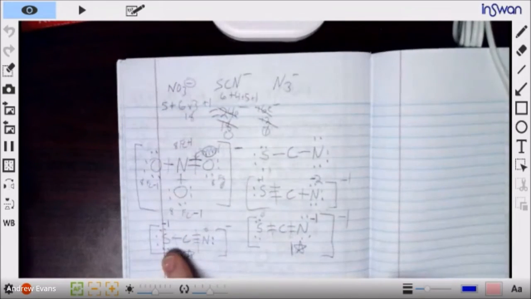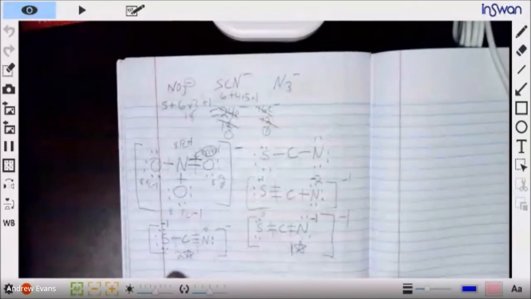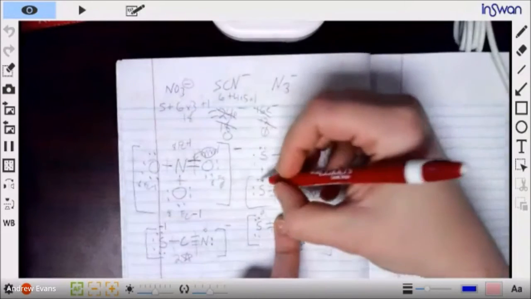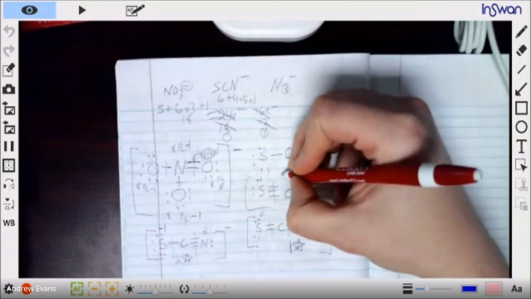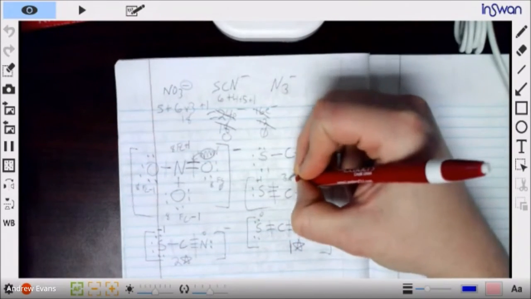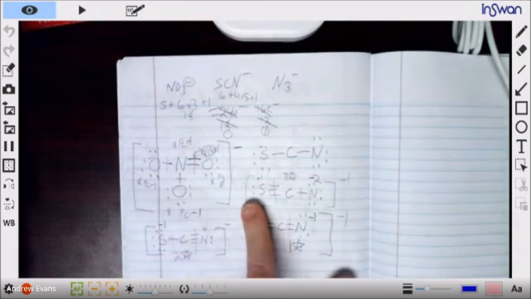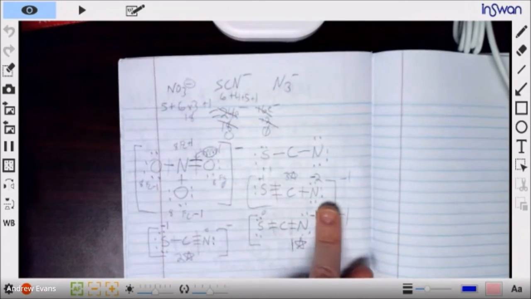Even though we put the negative charge on sulfur, which is less likely to want it, this guy has 3 formal charges. This has more formal charges, so it's less stable.